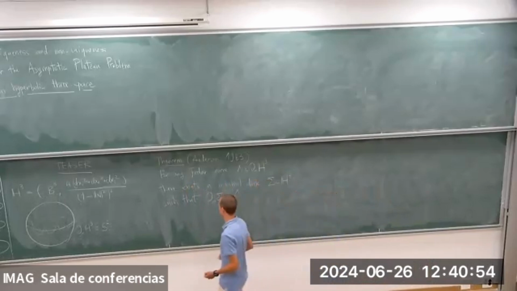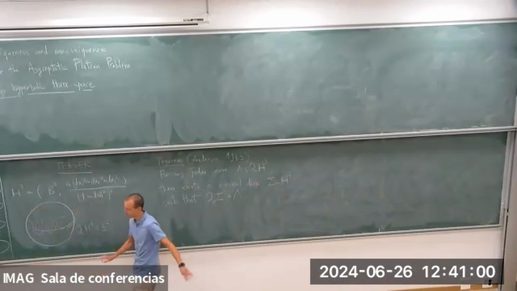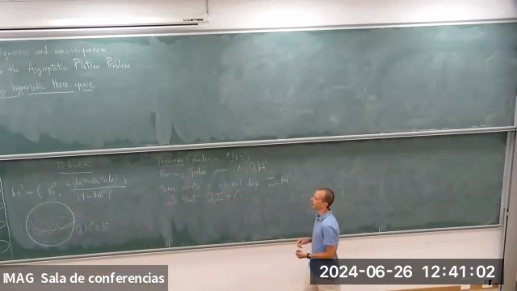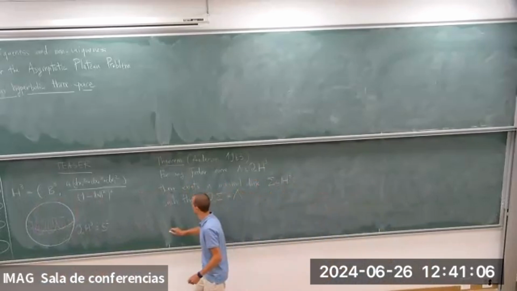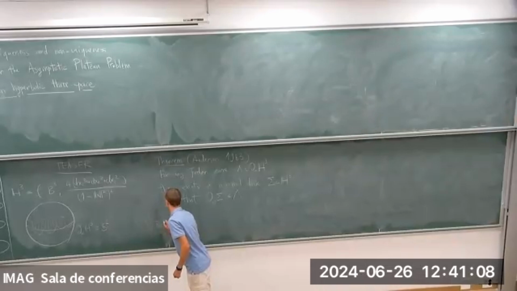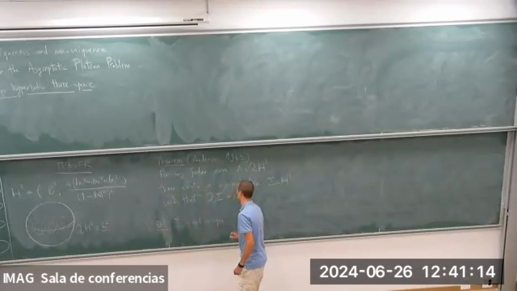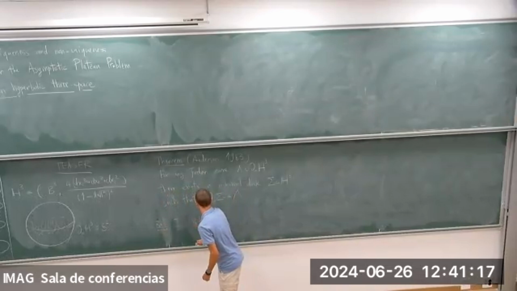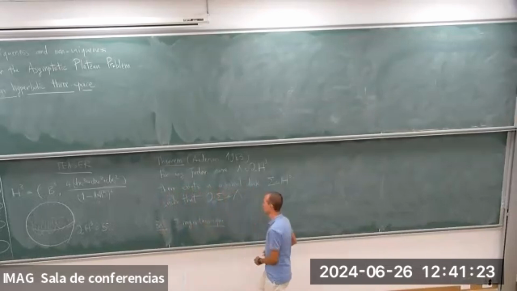So there exists a minimal surface, which is actually fixed. One can also take it to be stable, but it's not important for the moment, which fills this curve. But sigma is not unique in general. It may not be unique.